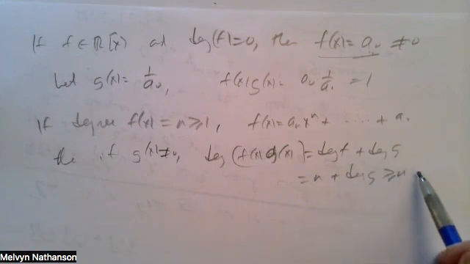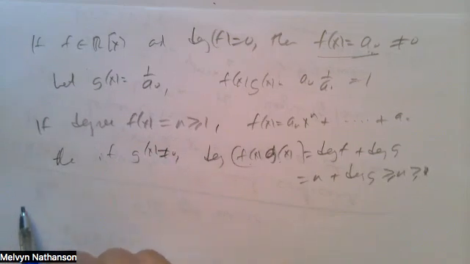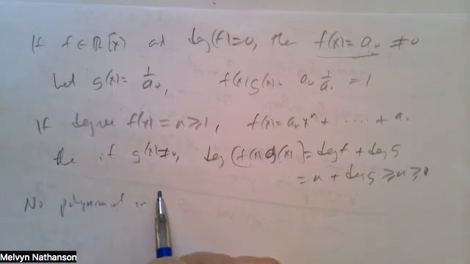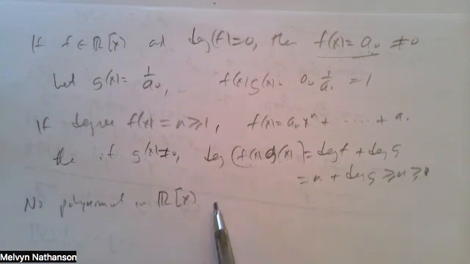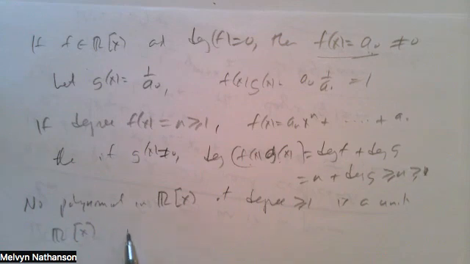So that's at least n, which is at least 1. So the product of two polynomials is not a constant unless both of the polynomials are constants. So no polynomial in this polynomial ring of degree at least 1 is a unit. So in particular, R of X is not a field.